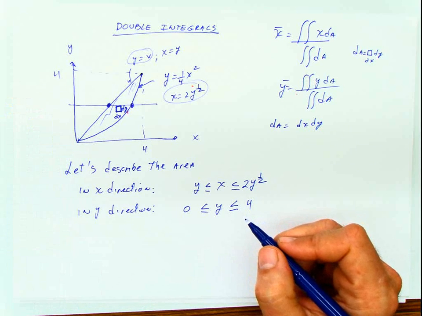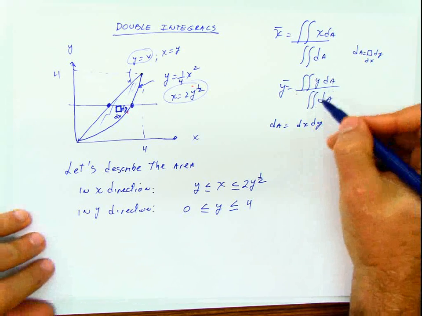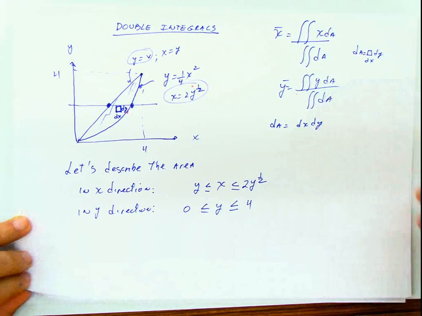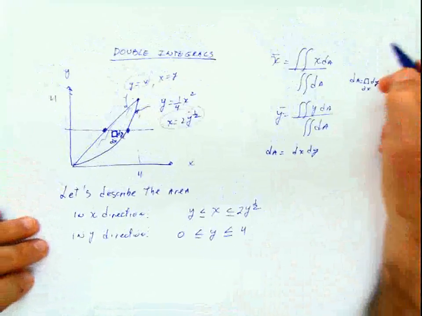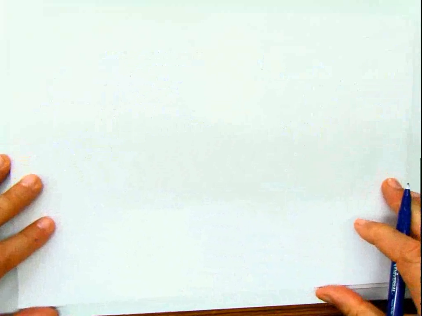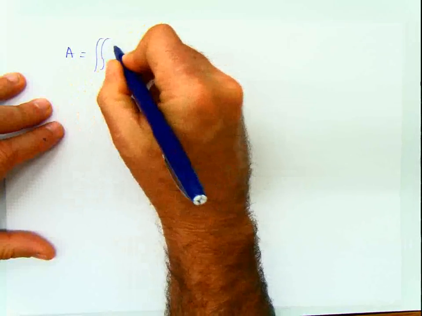So working with this problem again, the first step, let's find the area. So I get rid of this denominator, and let's calculate the area first. It's page 3. So if I calculate the area, my area is going to be the double integral of dA.